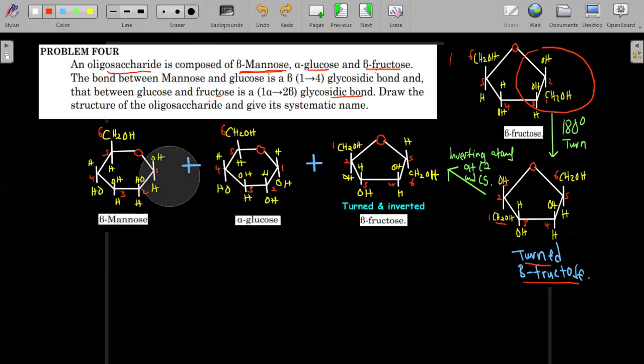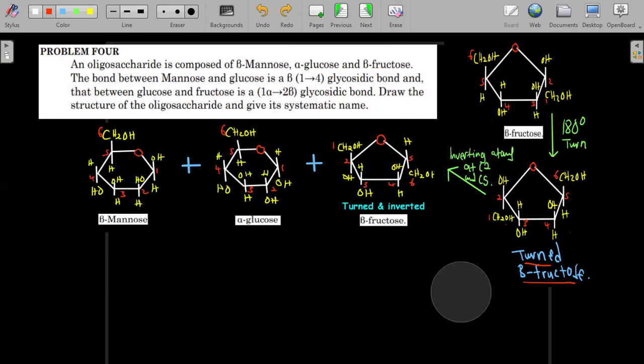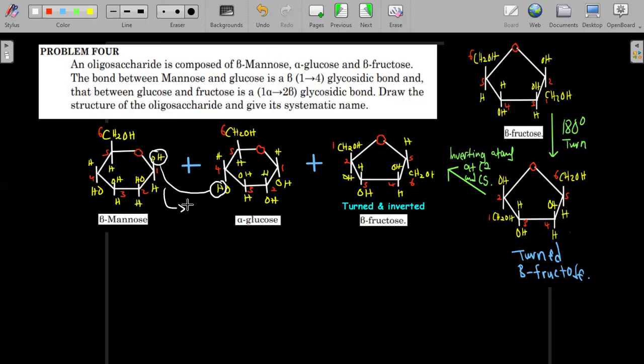Once you do that, it means you can write your oligosaccharide. What is going to be happening in this oligosaccharide is that this OH here is going to react with an H from the alpha glucose, and that will release a water molecule. What is going to remain there is this oxygen here bonded to this ring here.